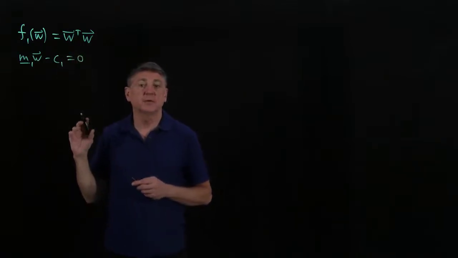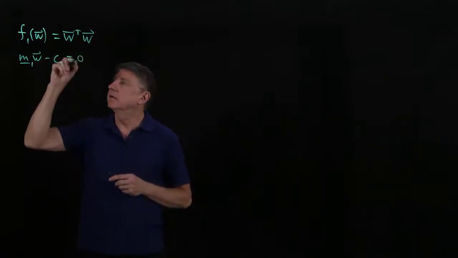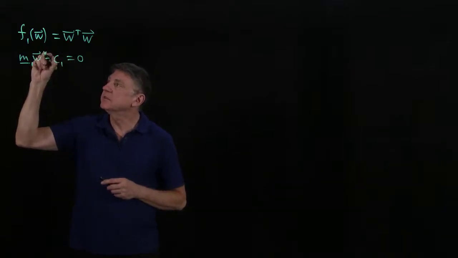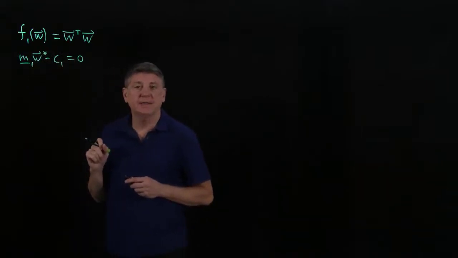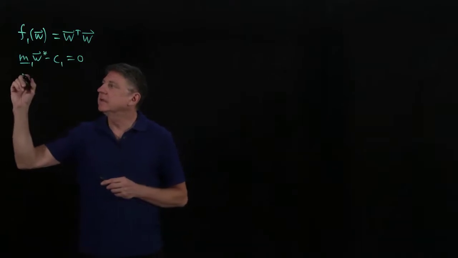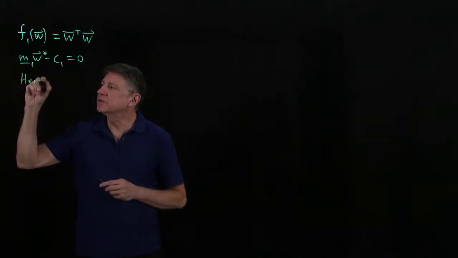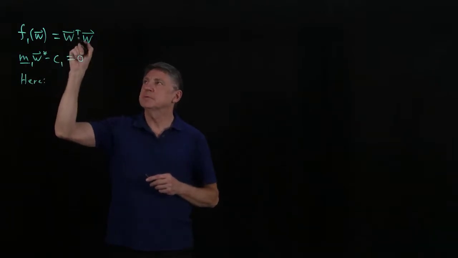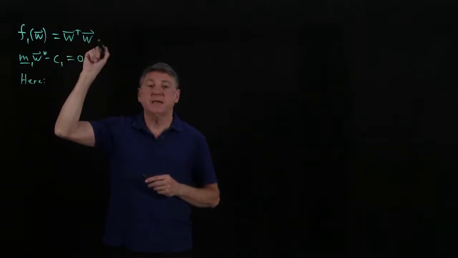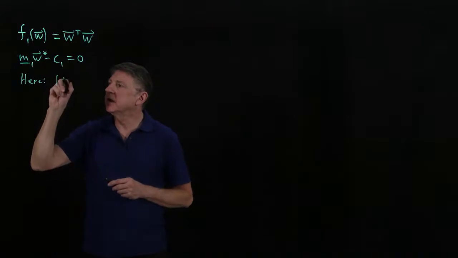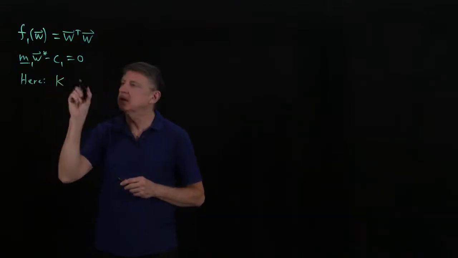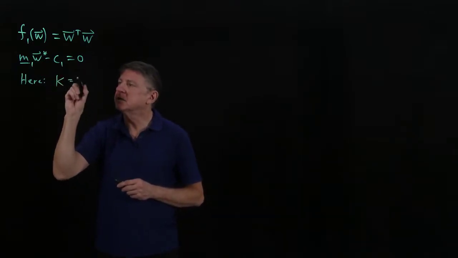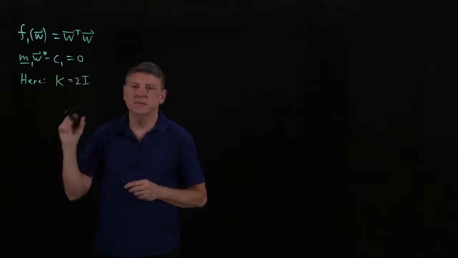So we want that to apply always. Specifically, we want that to apply at the minimizer. And if we write this in our standard form, we see that it should be 1/2 times W transpose KW, and that implies that our K, which is missing from this formula, actually is 2 times the identity.